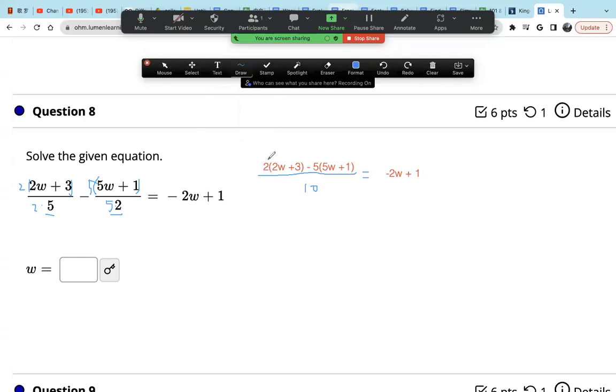Then we can simplify. Before we simplify, maybe we want to get rid of this 10. So we multiply by 10 on both sides.